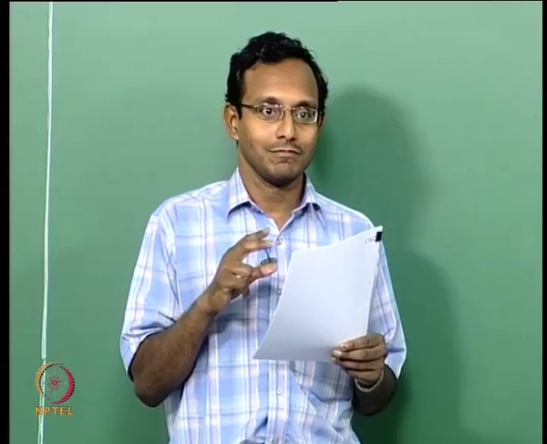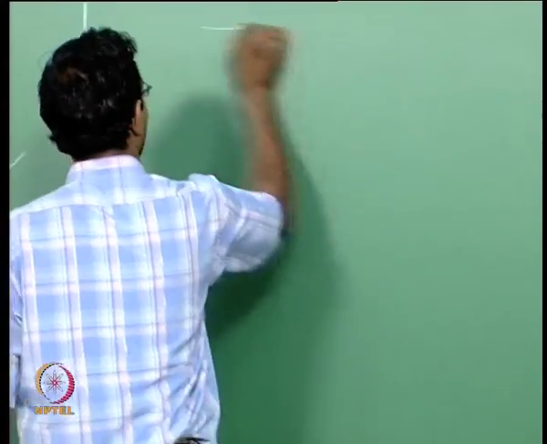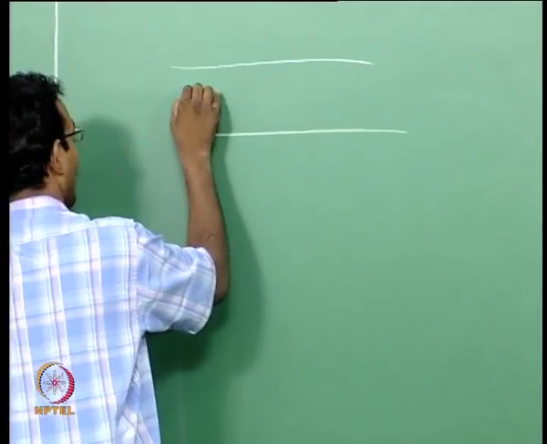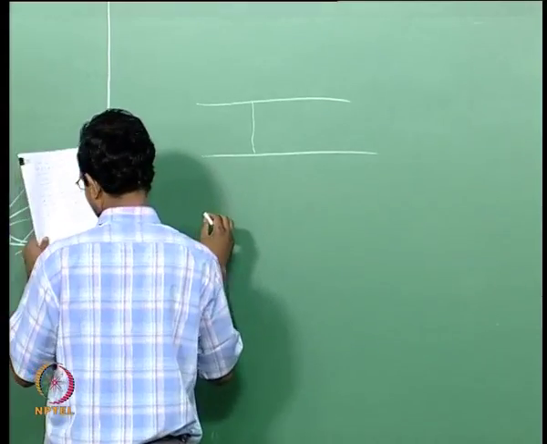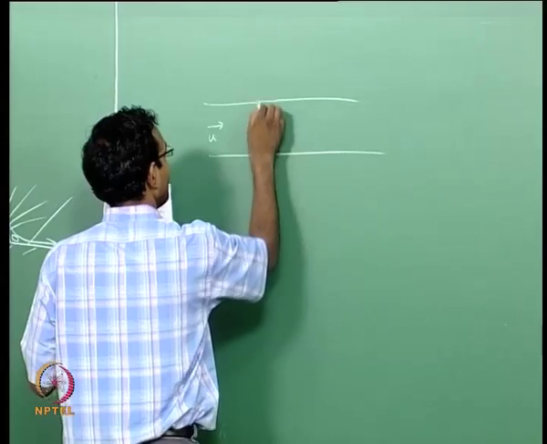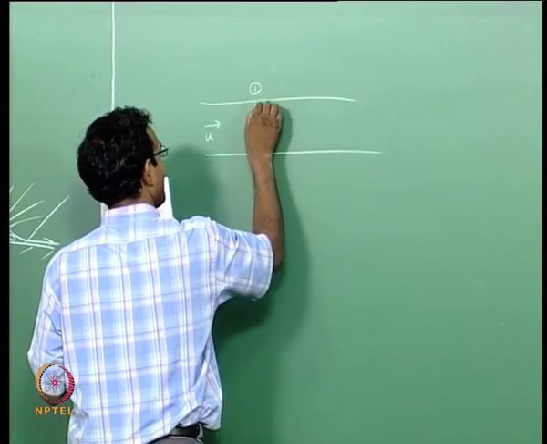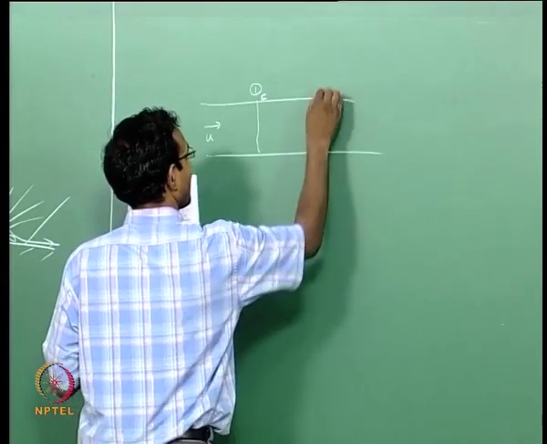If there is a compression wave, it is slowing down the fluid. Think about it like this: I am having a flow, or maybe the fluid is static, I do not care, some situation, and let us say I have some flow u, and this is my first wave, and I am telling you it is a compression wave. I will put a C here, that is a compression wave, and there is some second wave.